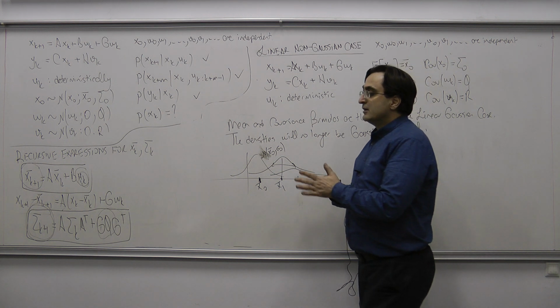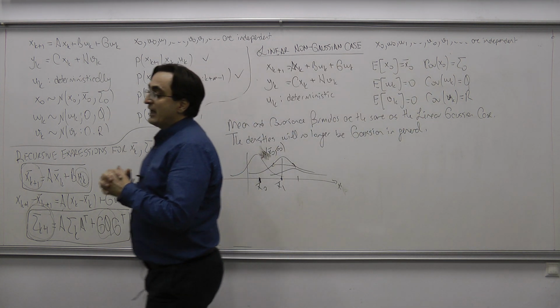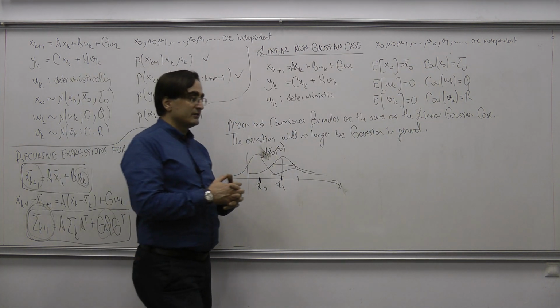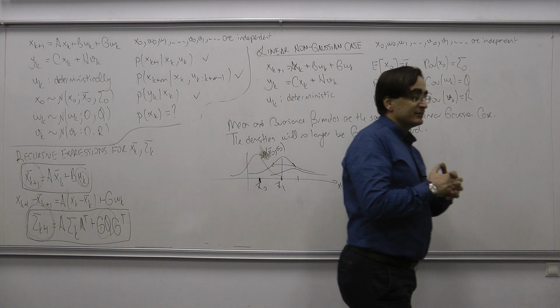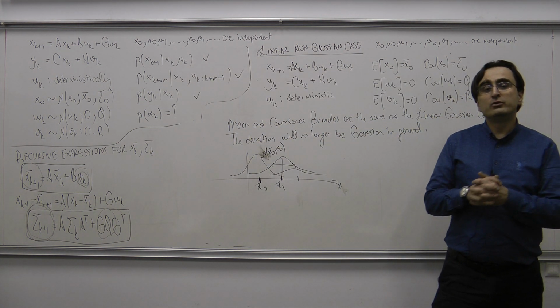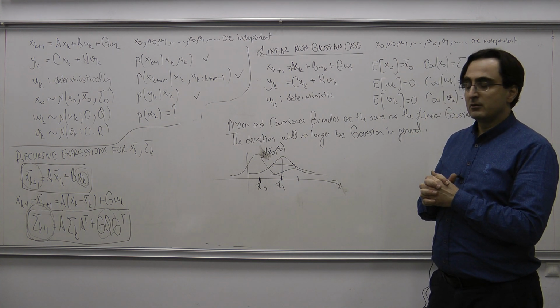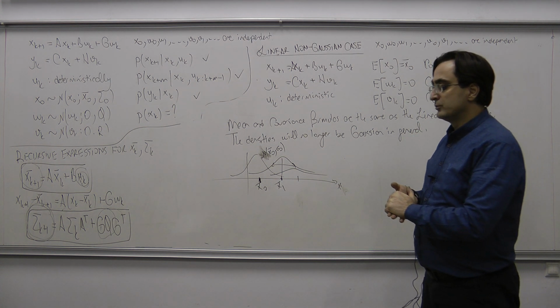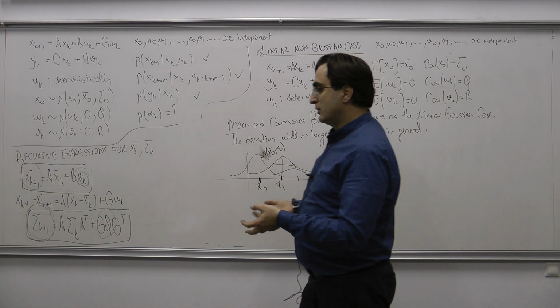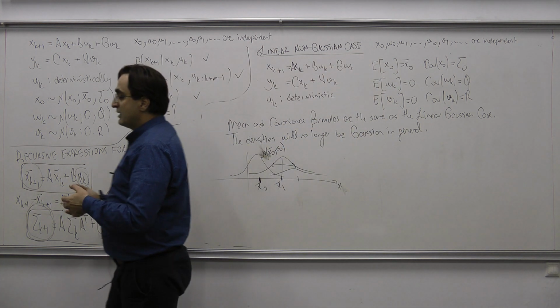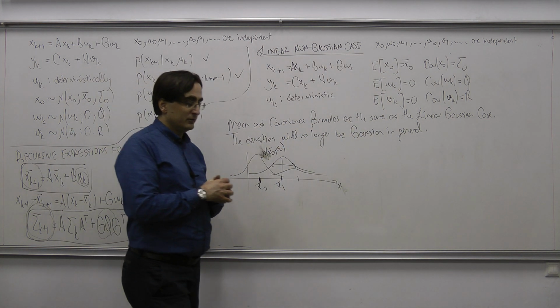That means that the state, as time k goes to infinity, its amount of uncertainty will be bounded. Okay? The state is going to converge to a Gaussian variable with constant variance as time goes to infinity.